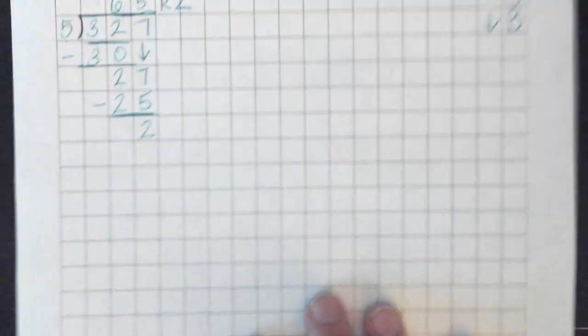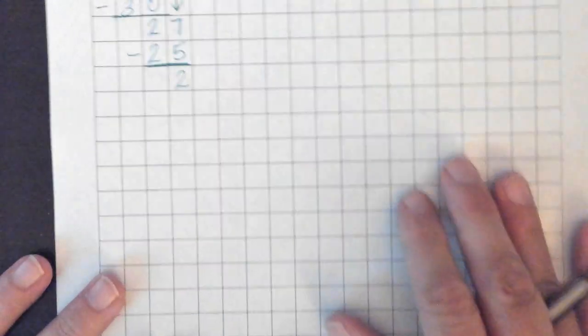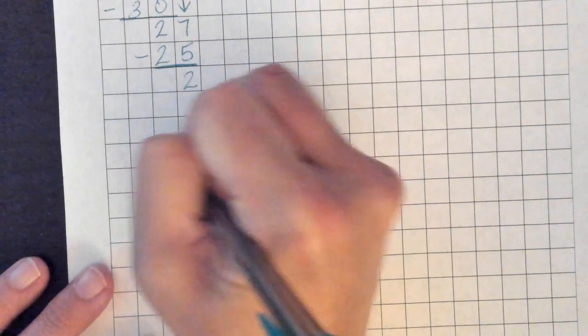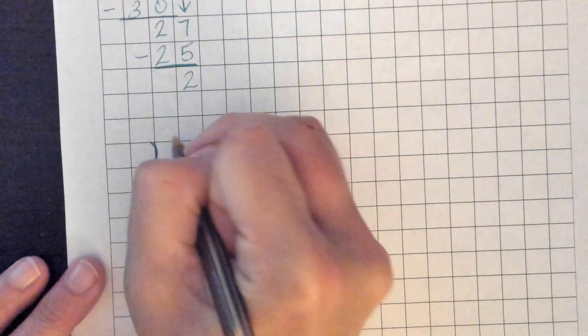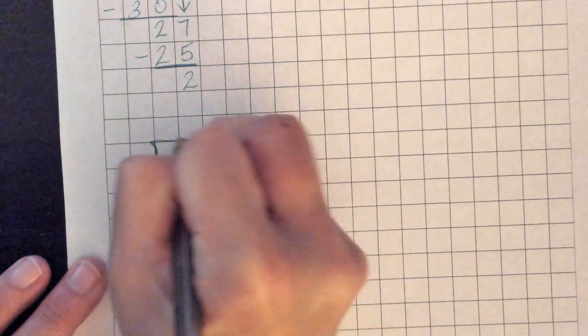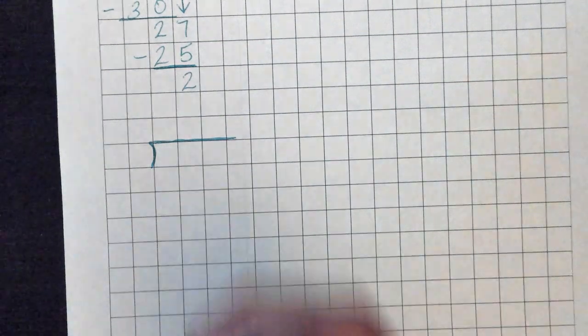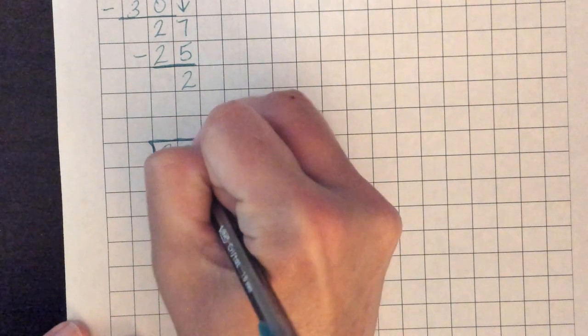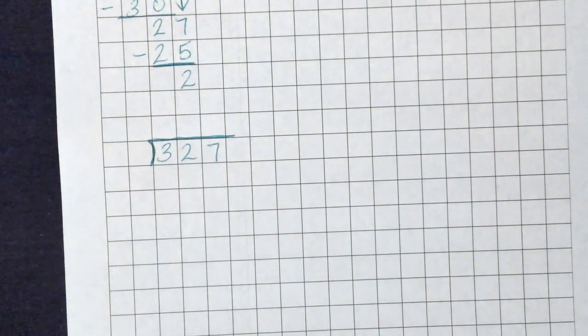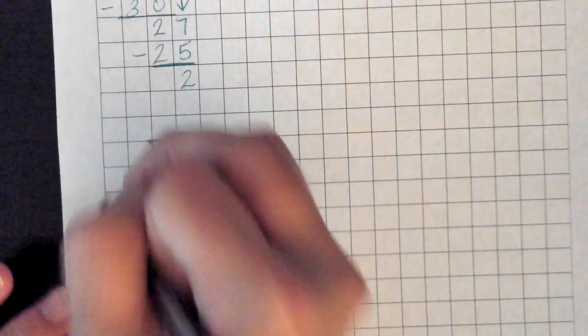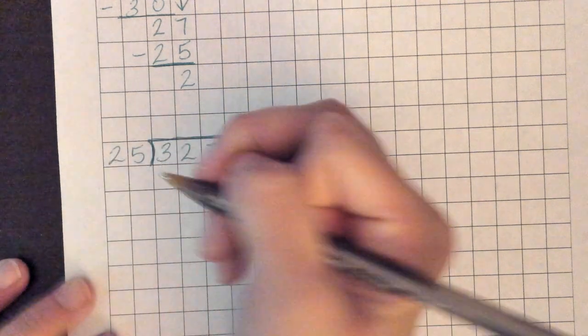Okay, let's try with a bigger number. Let's try a two-digit divisor and a three-digit dividend. So I'm going to do 327 again. But this time I'm not going to break it up into 5 parts. I'm going to break it up into 25 parts.